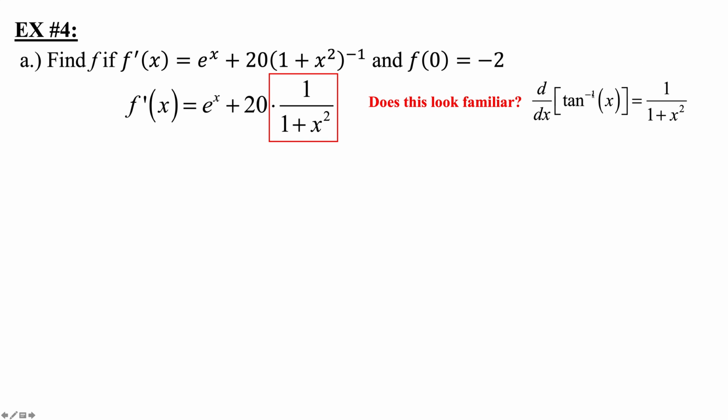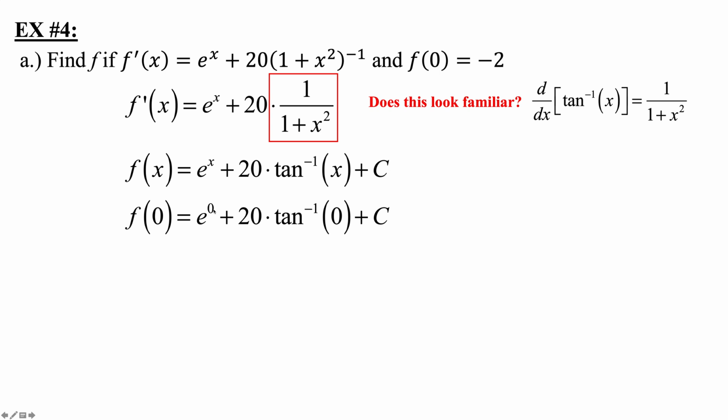So if we go right to left and take the antiderivative, this is going to equal e to the x, which wouldn't change, plus 20 times inverse tangent of x plus c.